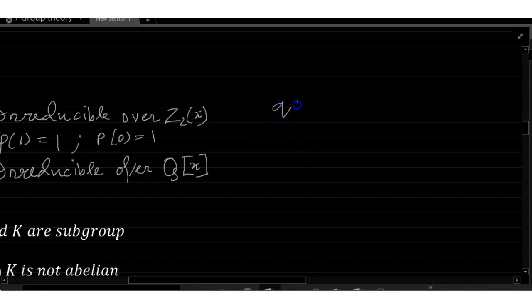Now Q(x) equals x cubed minus x squared minus x minus 2.